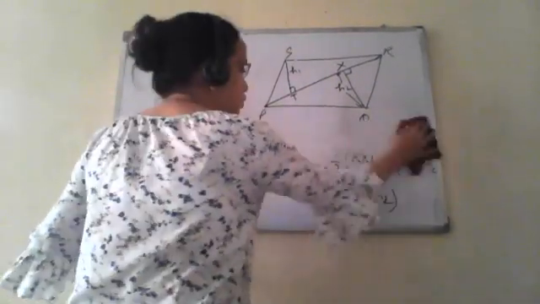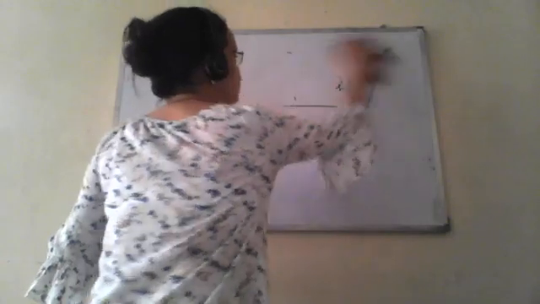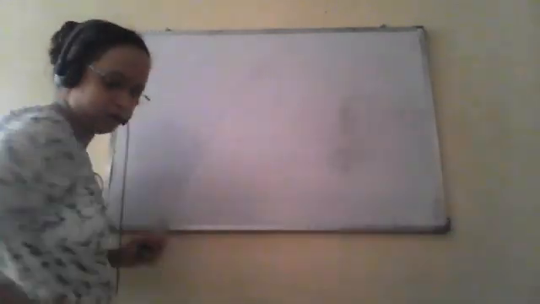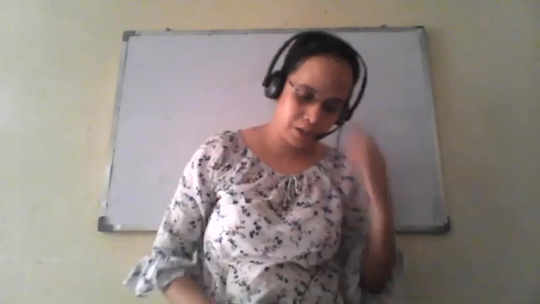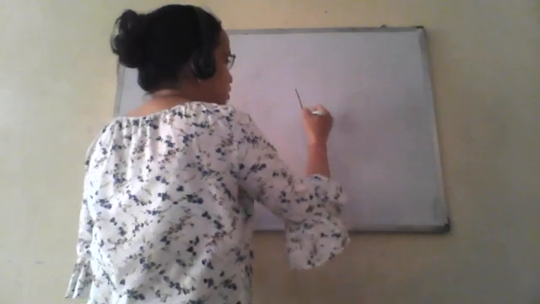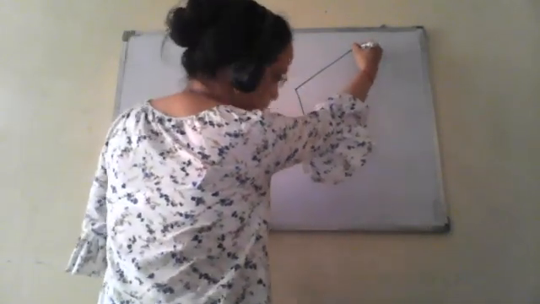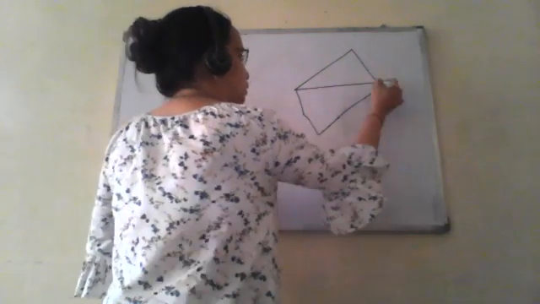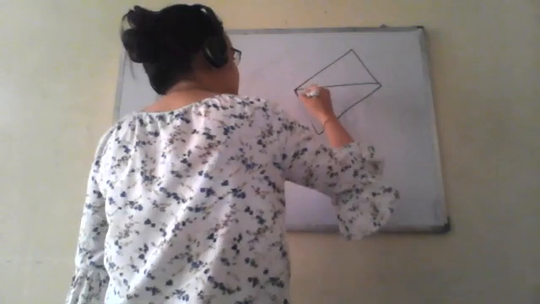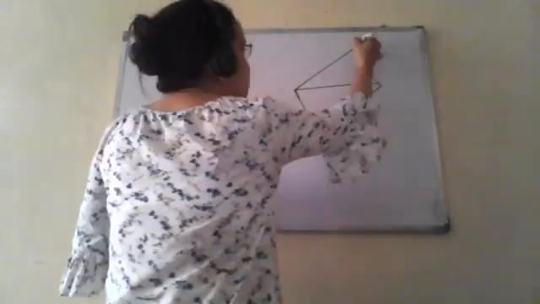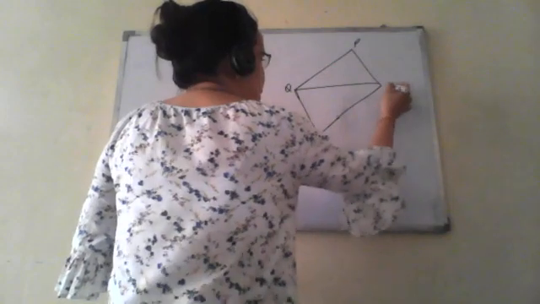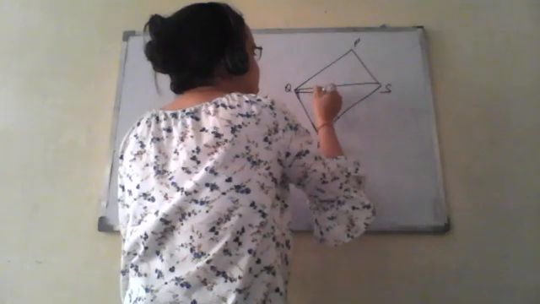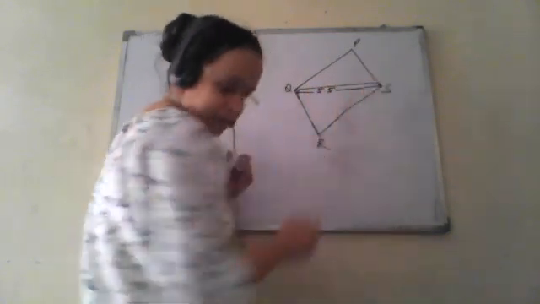Now there is one example, example 1, so it will be more clear to you. Find the area of quadrilateral PQRS. Quadrilateral PQRS is given to us, and this diagonal is 5.5 centimeters.